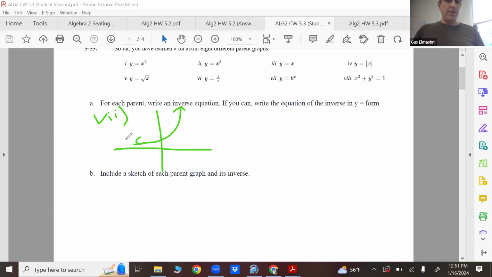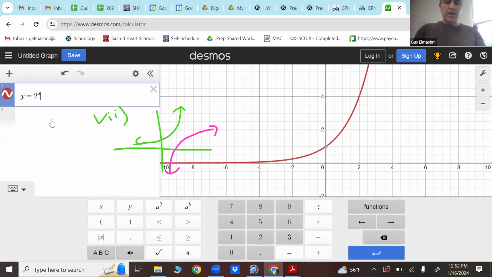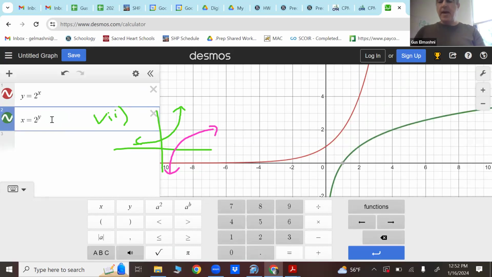If you graph its inverse, it's going to look like this. And you can actually do that in Desmos really quickly. If I do y equals, say, 2 to the x as an example, then x equals 2 to the y. Oh, come on, man. There we go.